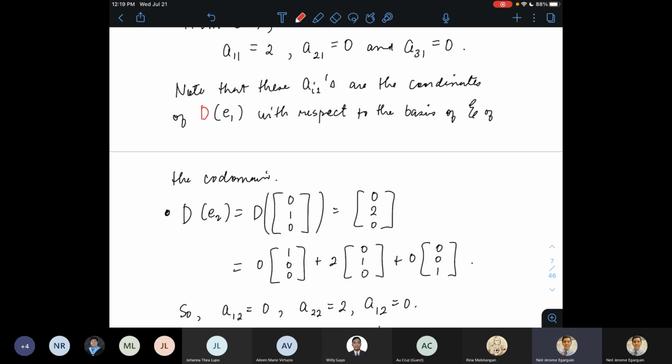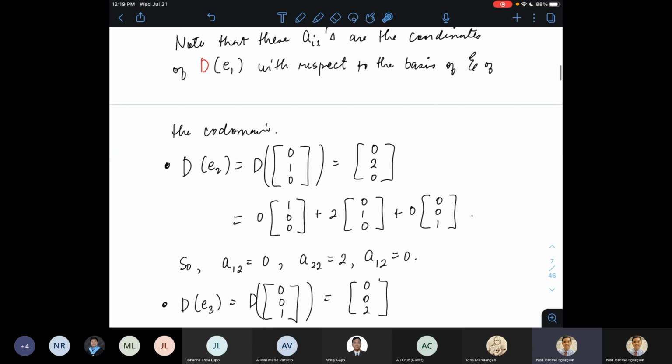All right. And then I will do this for all other basis elements. So I'll compute D of E2. But E2 is just 0, 1, 0. Apply the doubling operator D. The operator D just doubles all the entries. So we will be getting 0, 2, 0. Now to get the matrix entries, I need to find the expansion of 0, 2, 0 with respect to the basis of the codomain.